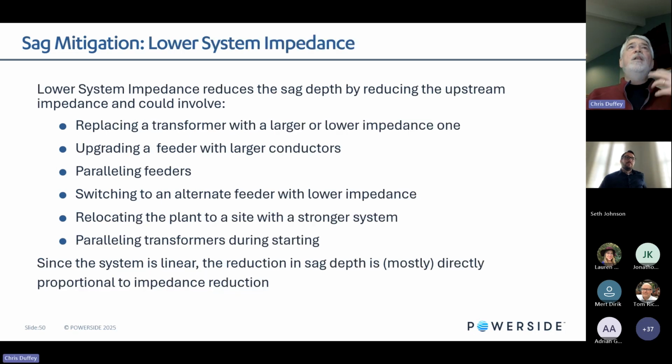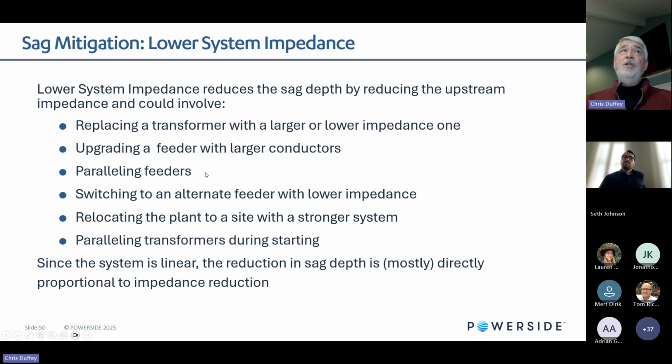So how do we lower the system impedance to reduce the sag depth? Well, you've got to go after the big stuff, replacing a transformer with a larger one or a lower impedance one. You can imagine infrastructure changes necessary for that. Upgrading a feeder with larger conductors, paralleling feeders.